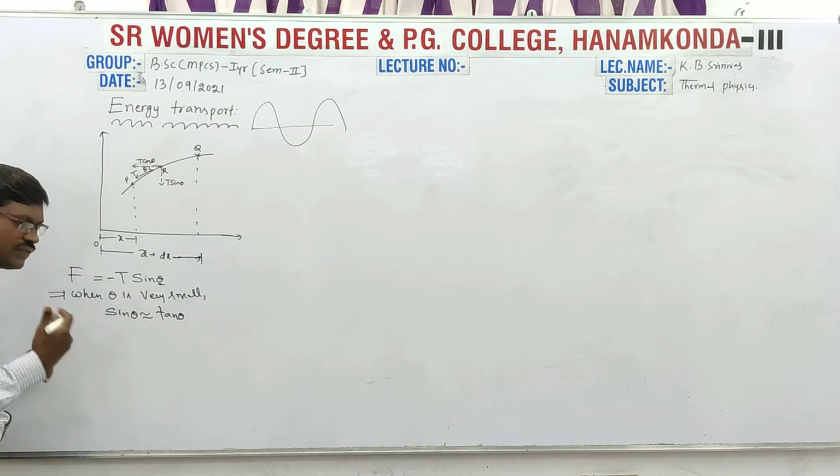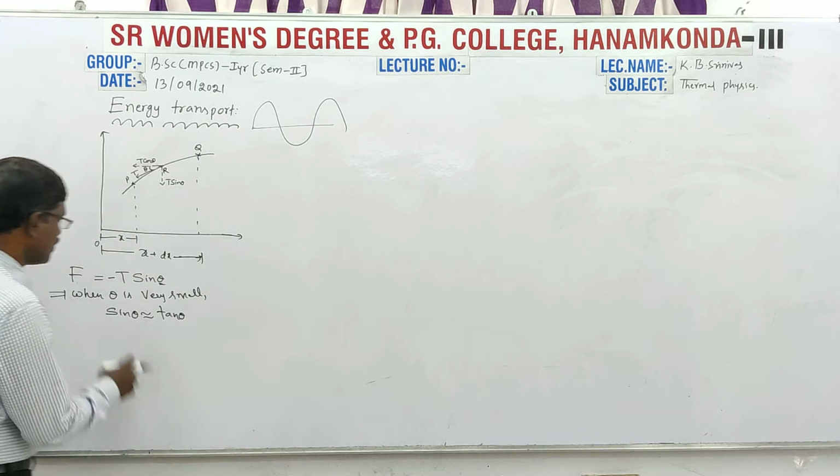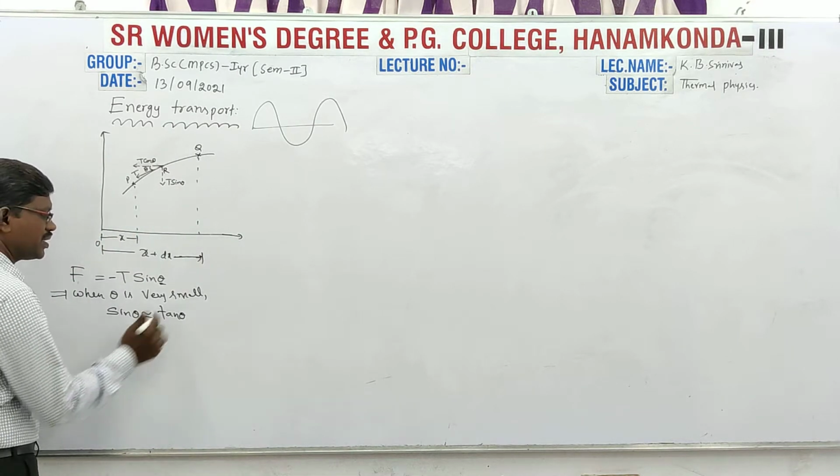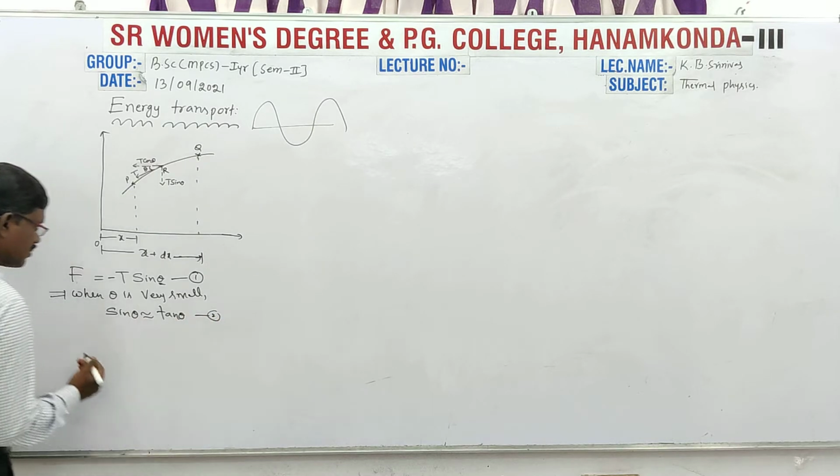In our physics, to calculate the final expression, generally we do like this. Sin theta can be approximated as tan theta. Let this be equation number 1. Let this be equation number 2.